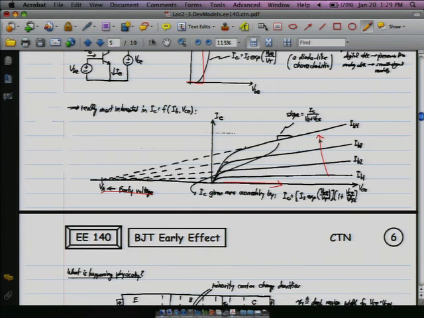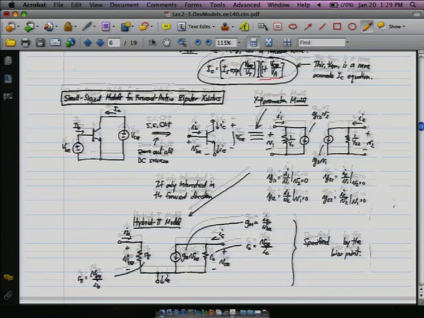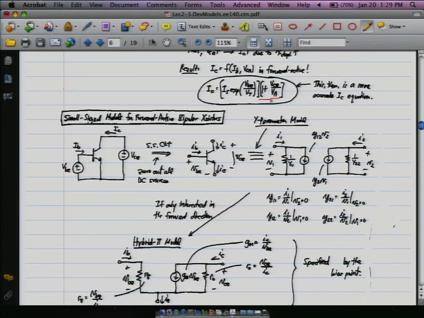So this didn't show up in our original equations, but it's basically just a fitting factor that we introduced to get the right profile, essentially. And this VA, this early voltage, is just a device property that comes out of the fabrication process.